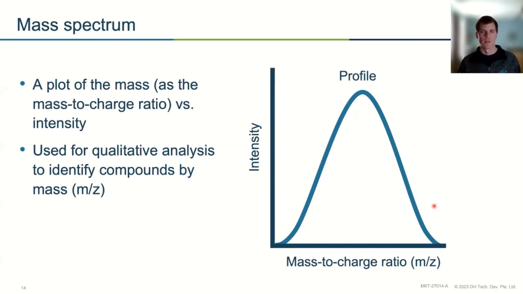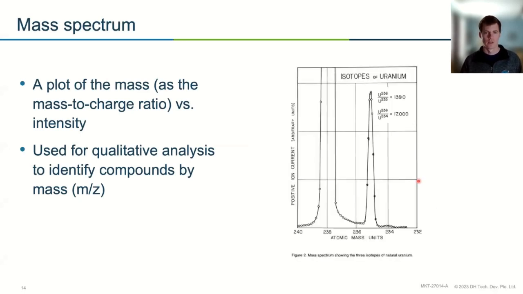When I get to it, that spread is really resolution. So you may see mass spectra that look like this. You can tell this is a mass spectrum because we have mass on the x-axis and some type of intensity on the y-axis.